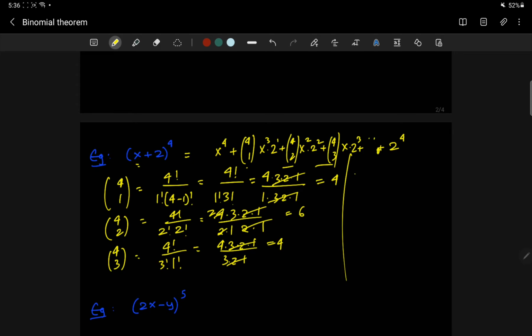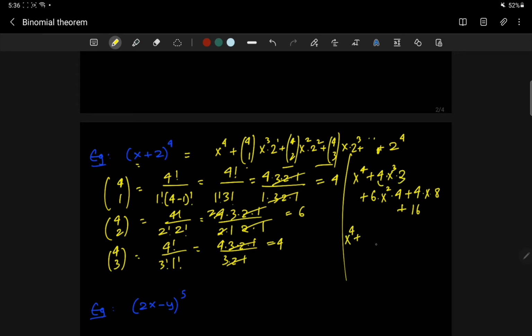Putting them together, you get x to the 4 plus 4 times x cubed times 2 plus 6 times x squared times 4 plus 4 times x times 8 plus 16. Let's do a little more simplification because we have these numbers that we can combine.